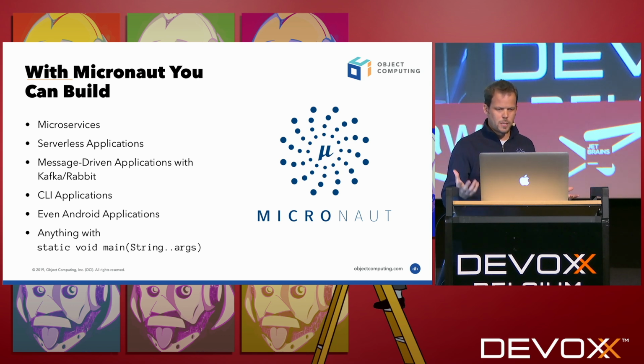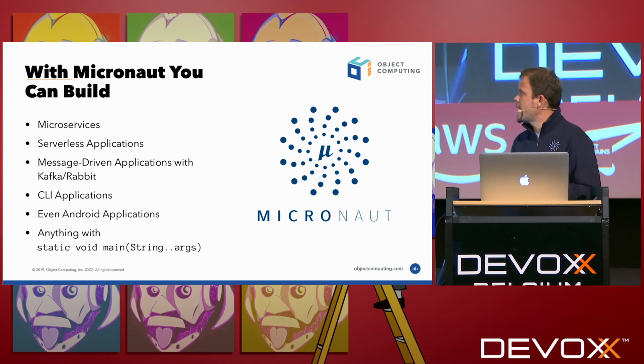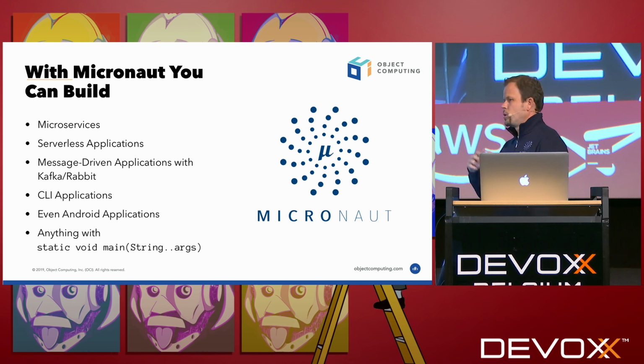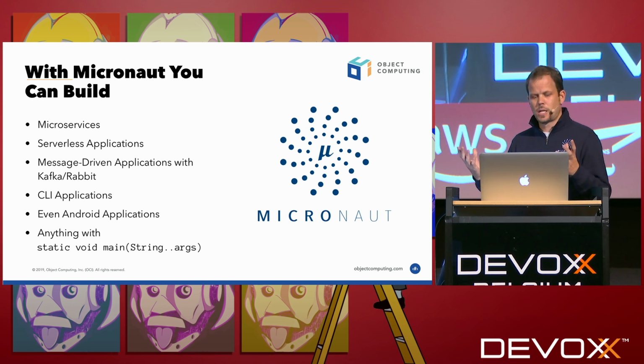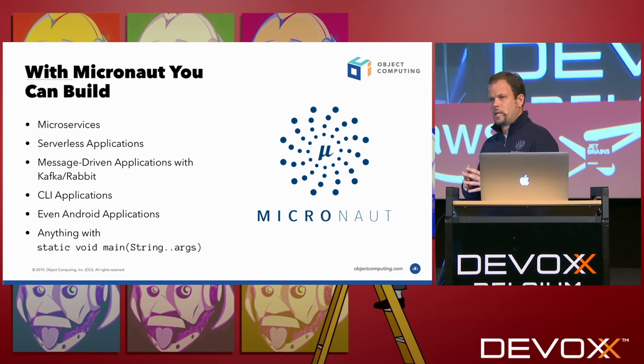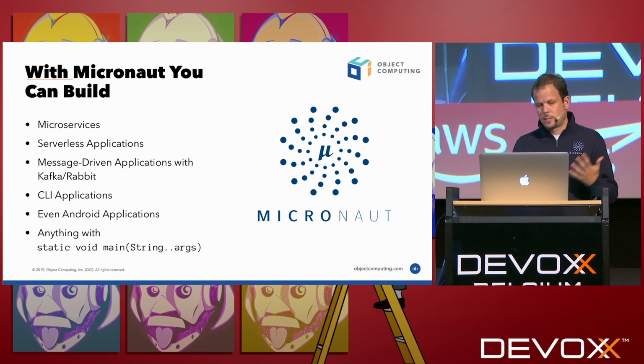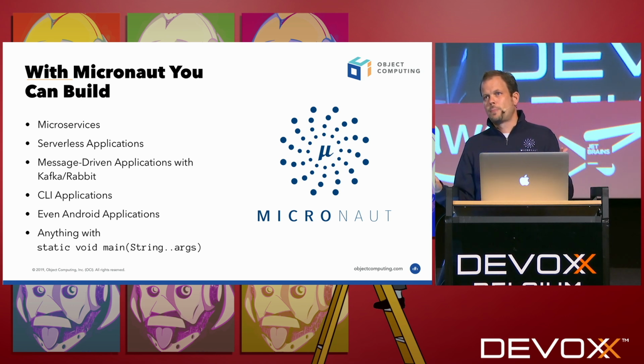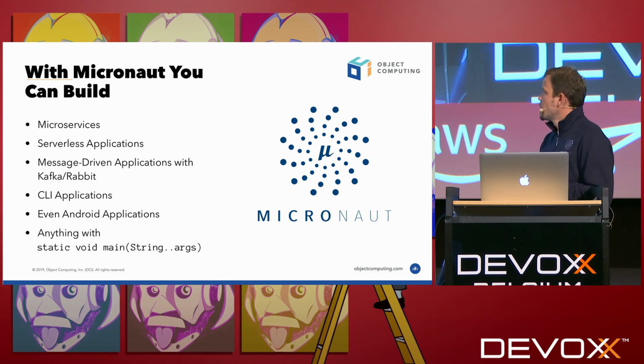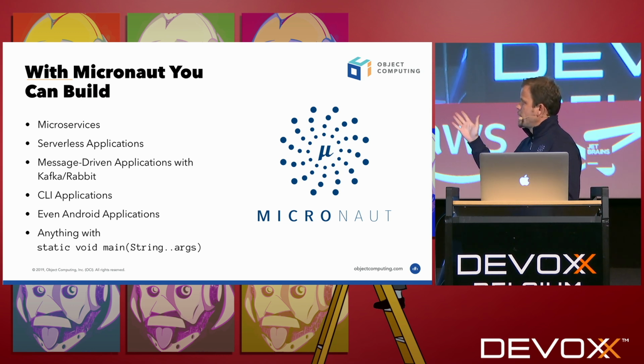So we have nice Kafka integration, and a lot of folk are writing headless Java applications that don't have a server, just listening to streams of data from Kafka or RabbitMQ. You can use it to build CLI applications, so just command line applications. And you can even use it to build Android apps.